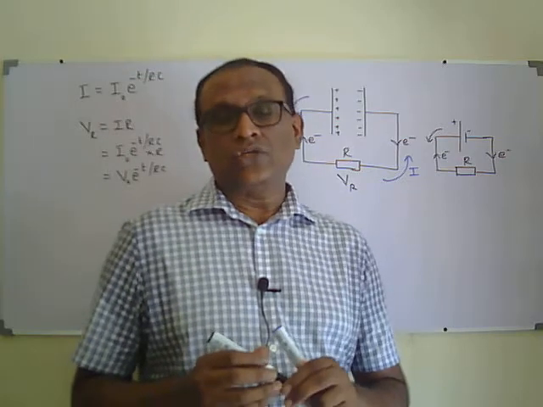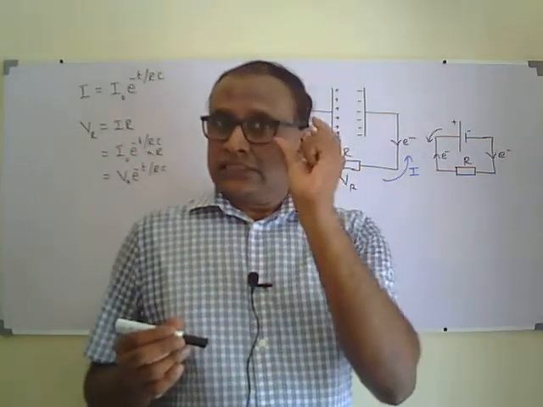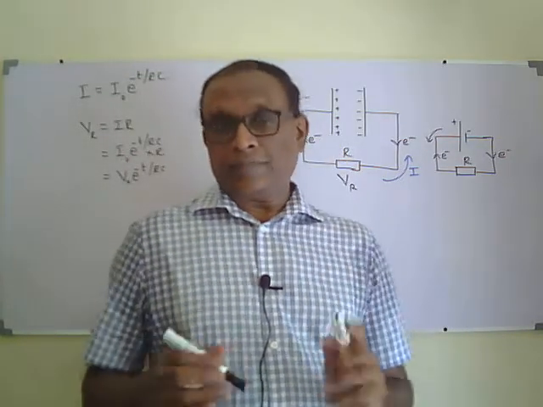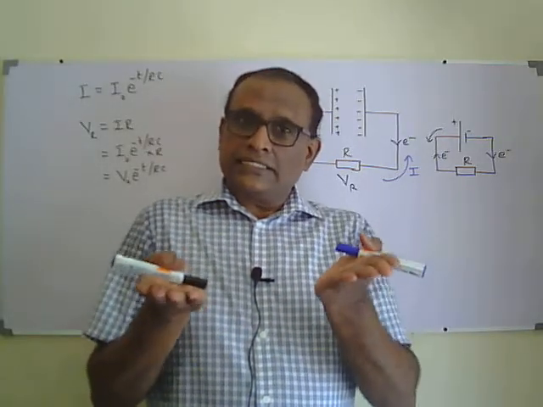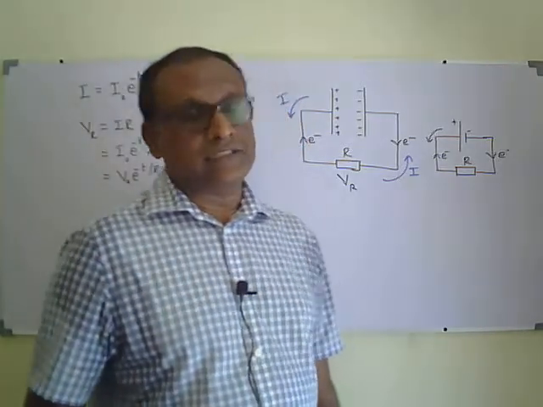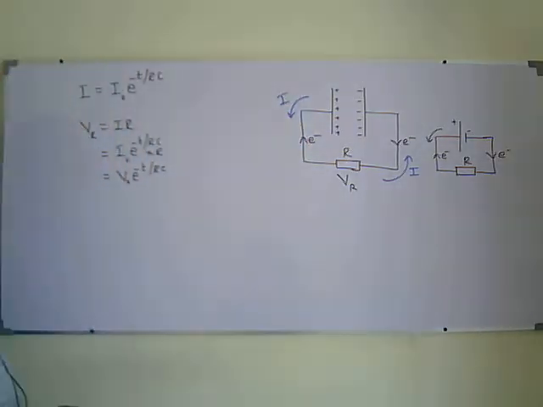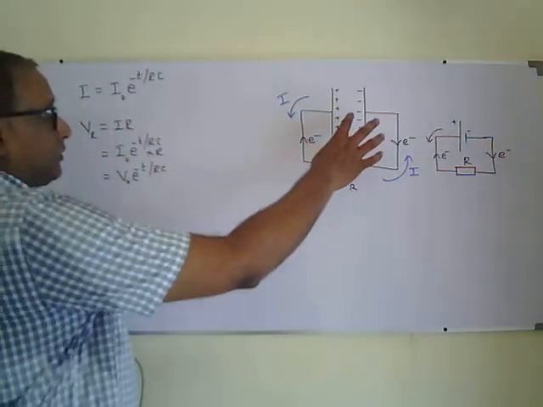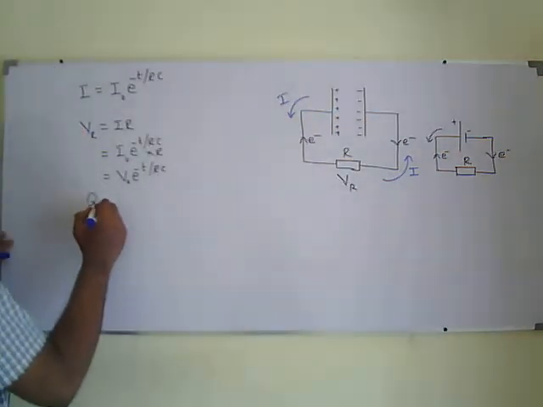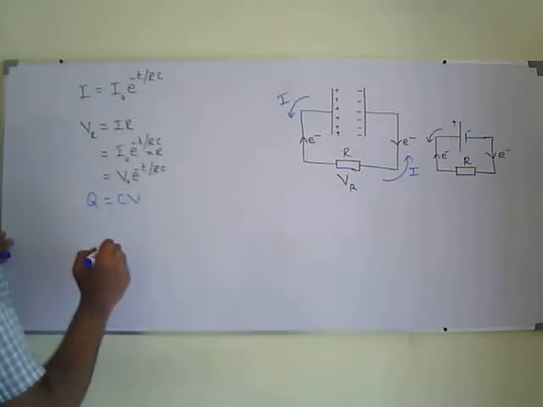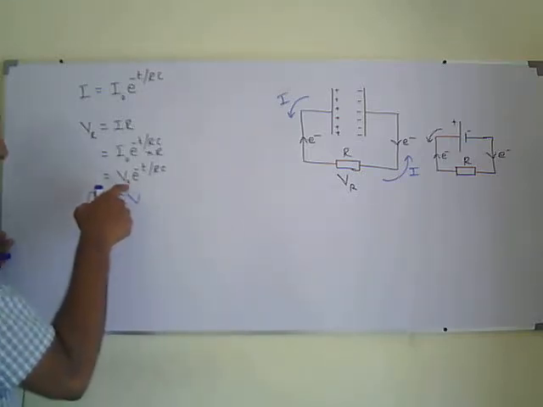Discharging process means we are using the charge or energy stored in the capacitor, something like a DC power supply, or discharging means the capacitor losing its charge. So how will the charge of the capacitor vary? We know that Q equals CV. The voltage of the capacitor will decrease exponentially.